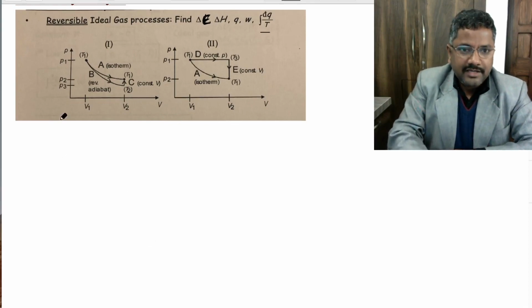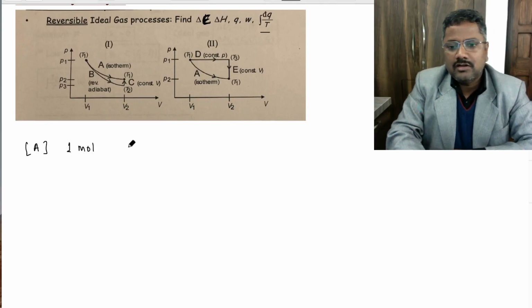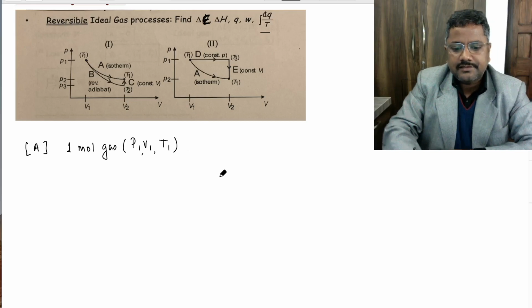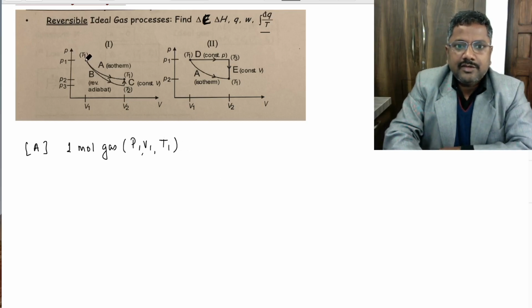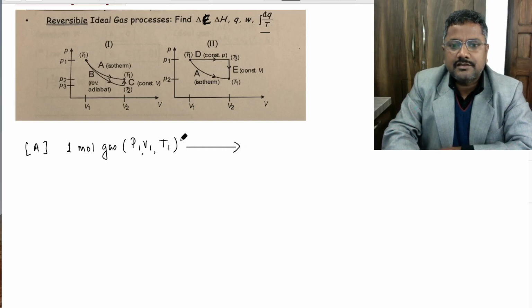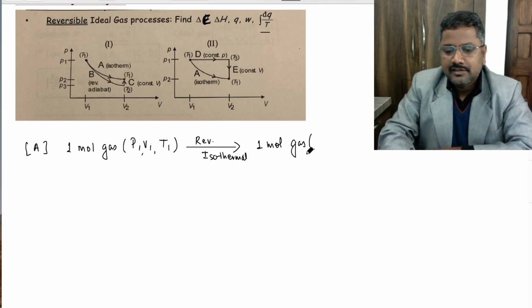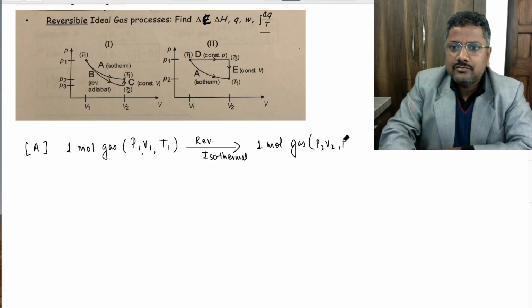First, I am taking A, 1 mole gas, P1, V1 and T1, moving reversibly and isothermally to 1 mole gas, P2, V2, T1.